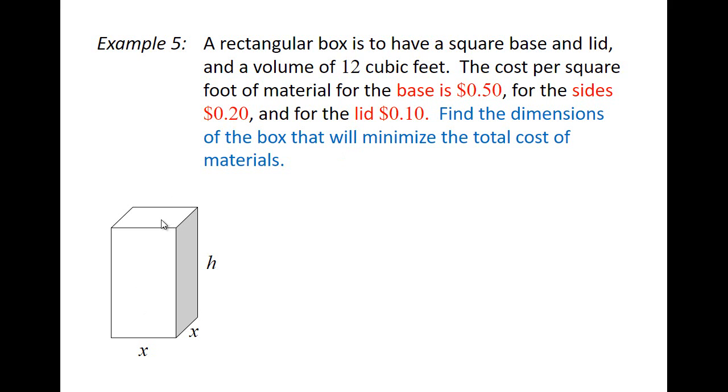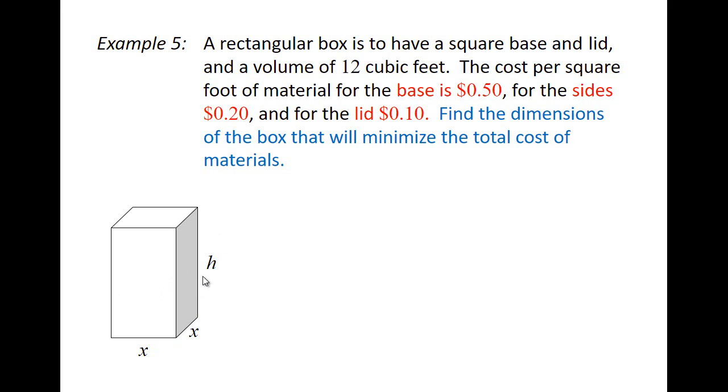For the top or the lid, it's 10 cents. So we have to multiply 0.10 with x squared, which is the area of the top, to find the cost of building the top. And okay, so what's the area of the four sides here?